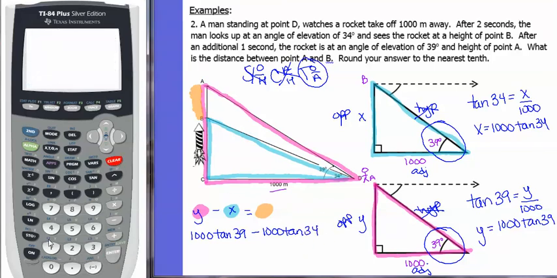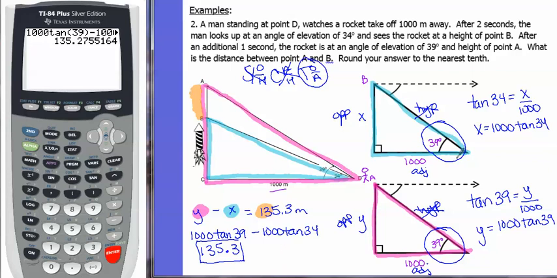I go 1,000 times tangent of 39 minus 1,000 times tangent of 34. And when I do that, I get 135.3 as my answer. That's what's going to go in my orange, and that's my final answer.